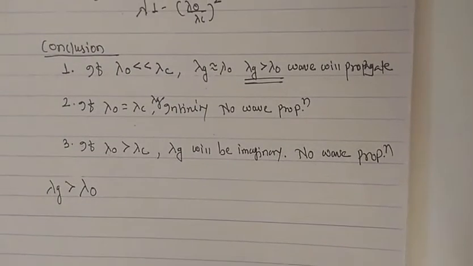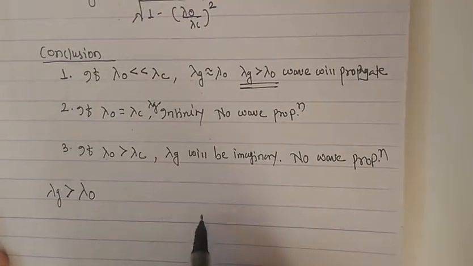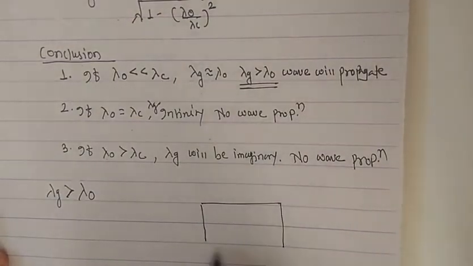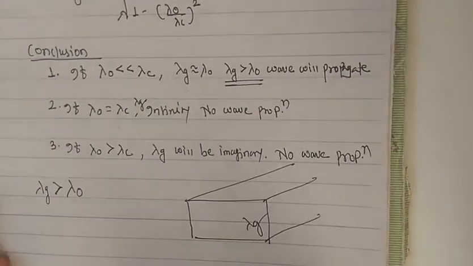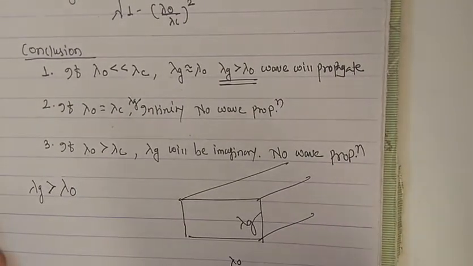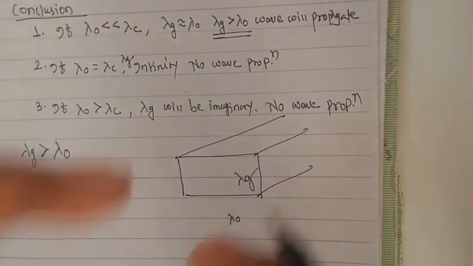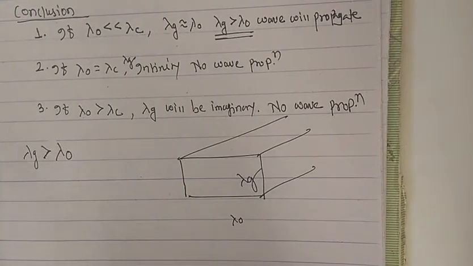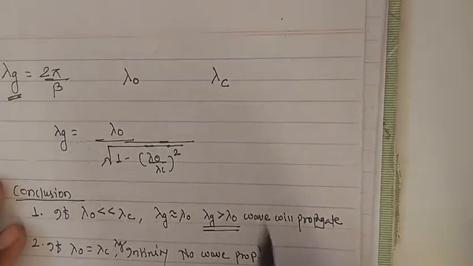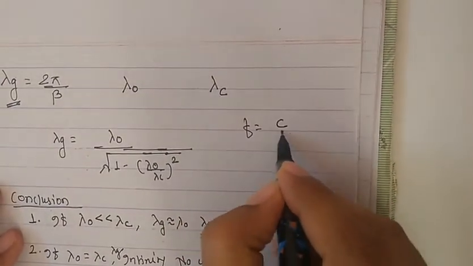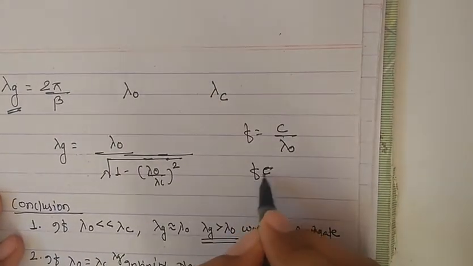Now, many times you get confused: if we have a rectangular waveguide, the wavelength inside this waveguide is lambda g, and the wavelength outside this waveguide will be lambda 0. So does it mean that we have different frequencies inside the waveguide and outside the waveguide? The answer is no, because we have the relation f is equal to c by lambda, and this lambda is lambda 0. We don't have a relation f is equal to c by lambda g.